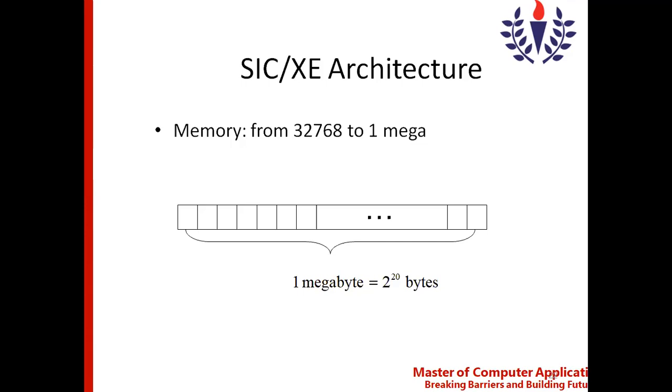Since SIC/XE is an advanced version, there might be a few changes compared with the SIC machine. The first feature is memory. Here we have larger memory compared with SIC. In SIC, we used 2 power 15 bytes of storage, whereas here we use 2 power 20 bytes of storage, that is 1 megabyte.